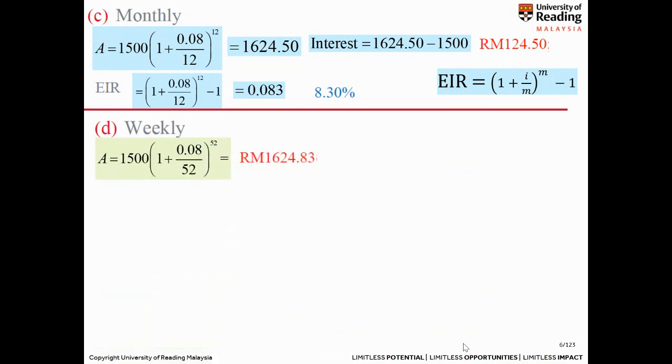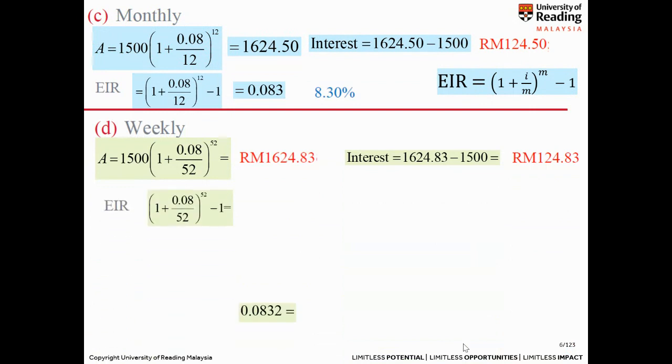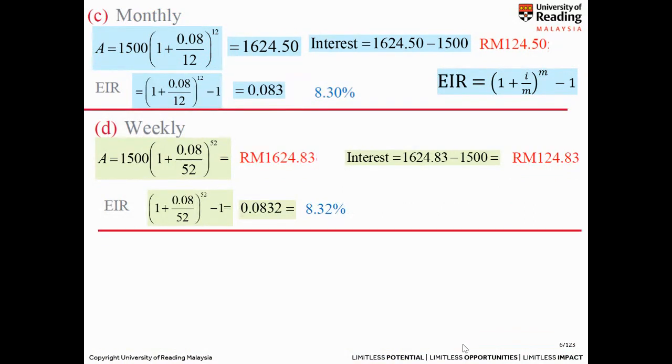Next, when interest is compounded weekly, m will be 52. Work out the total amount after 1 year will be 1,624.83. The interest shall be 124.83. The effective interest rate will be equal to 0.0832. That is 8.32%. Lastly, when the interest is compounded daily, your total amount after 1 year shall be 1,624.92.